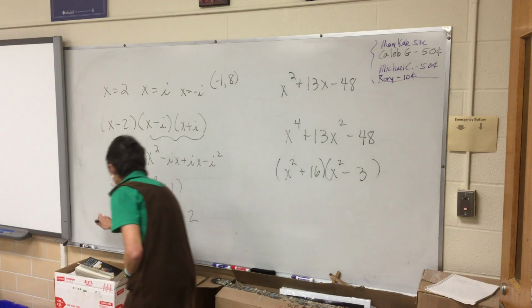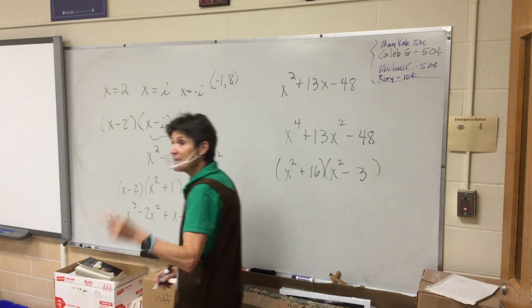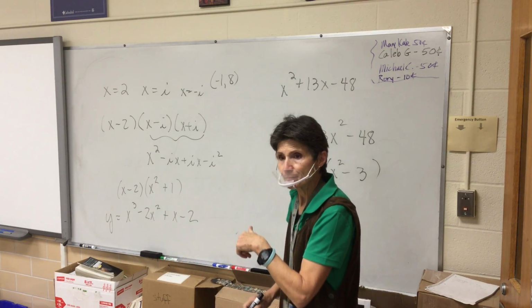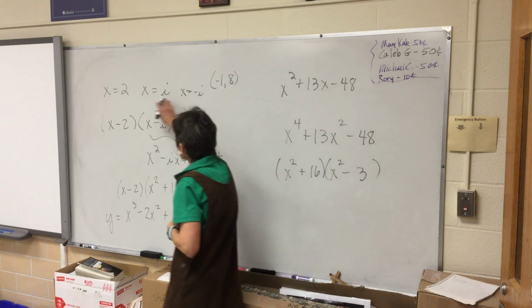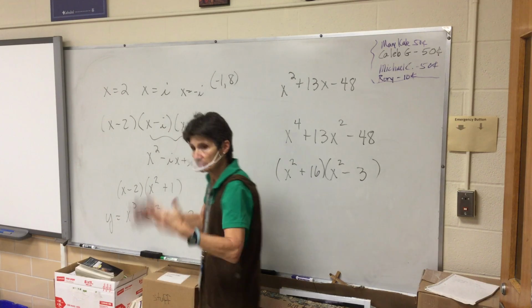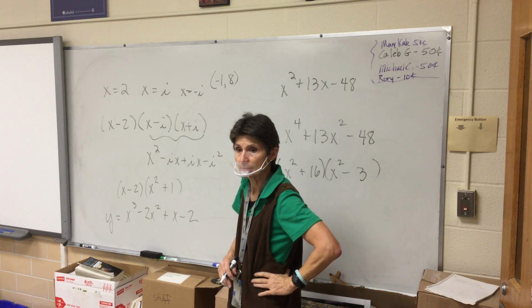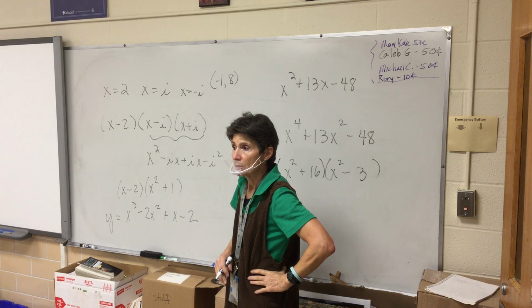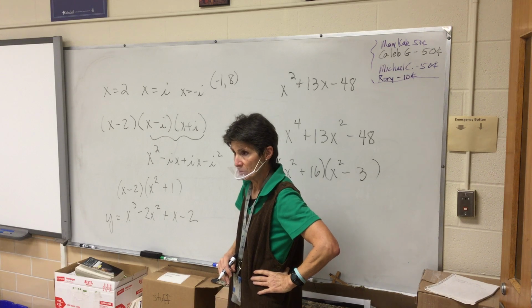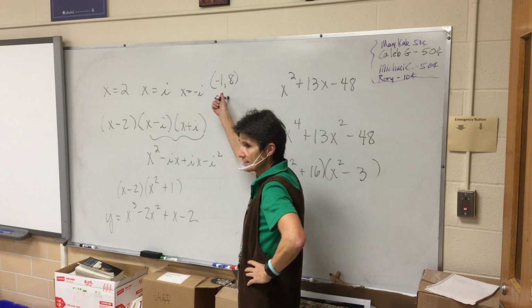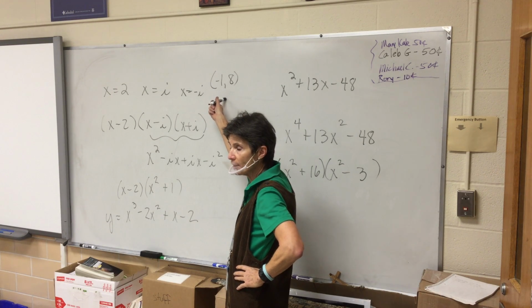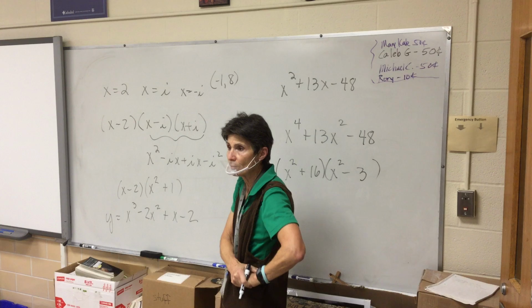Now, let me put a y equals in front of that. Is that a polynomial function that has these 3 numbers as zeros? Yeah, it absolutely is. However, it also has to contain this point. So what do you think I'm going to do now?